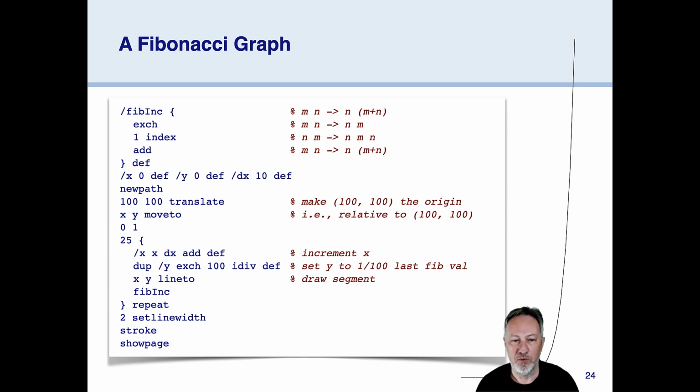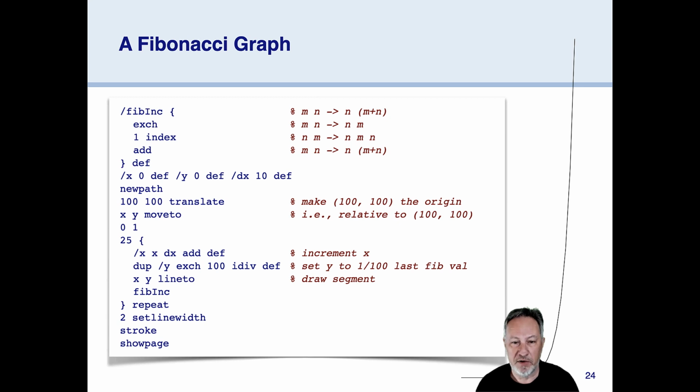This is quite straightforward to do. First, we perform an exchange. So instead of m and n, now we have n and m. Then we use index to copy the value n up to the top of the stack. And then finally we add. So with these three operations, we performed an increment, and we've updated the top two Fibonacci values on the stack.